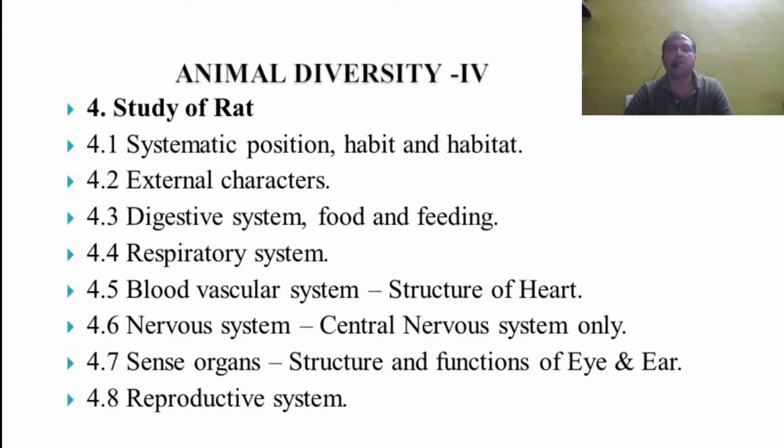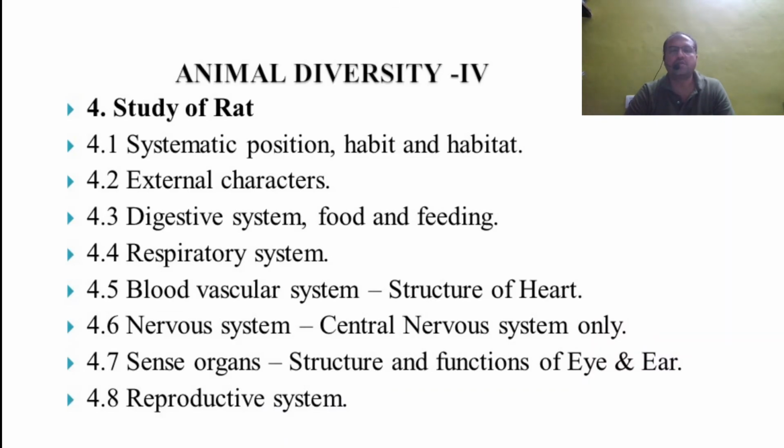Here only the central nervous system is to be expected, not the peripheral or autonomic nervous system. Then sense organs, their structure and function, basically the structure and function of eye and ear. And the last unit is reproductive system of rat.